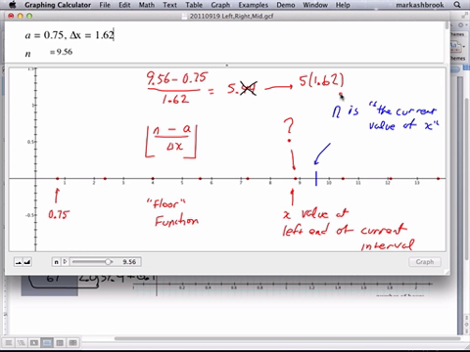Excellent. So that's like taking this and multiplying by delta x. Are we done? So we got the distance, but we want that actual x value. So to get that x value, we add on a.